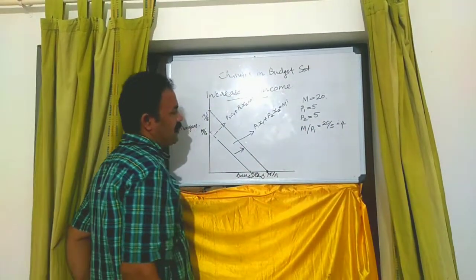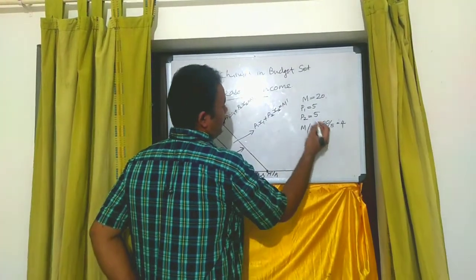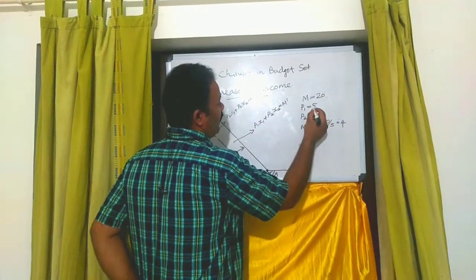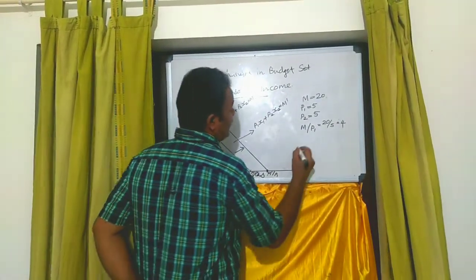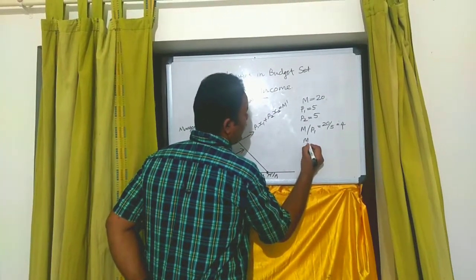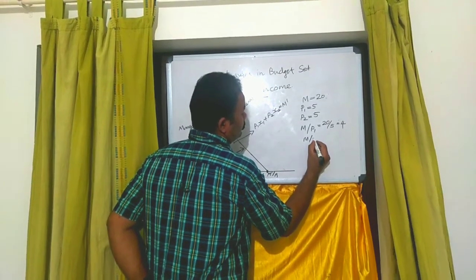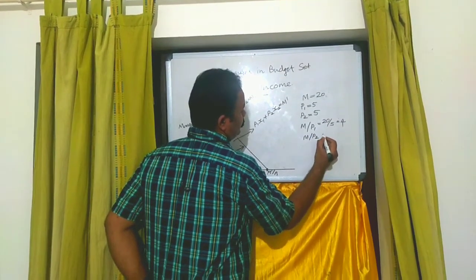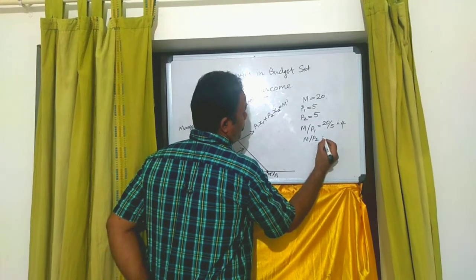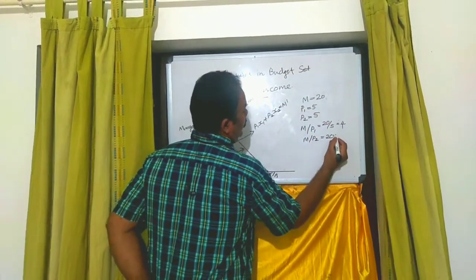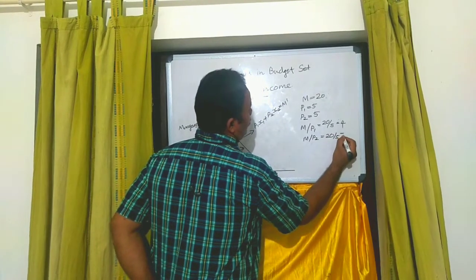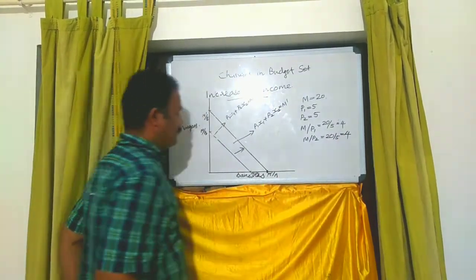This is the horizontal intercept M by P1, 20 by 5, that is equal to 4. Then vertical intercept M by P2, that is 20 by 5, is equal to 4.